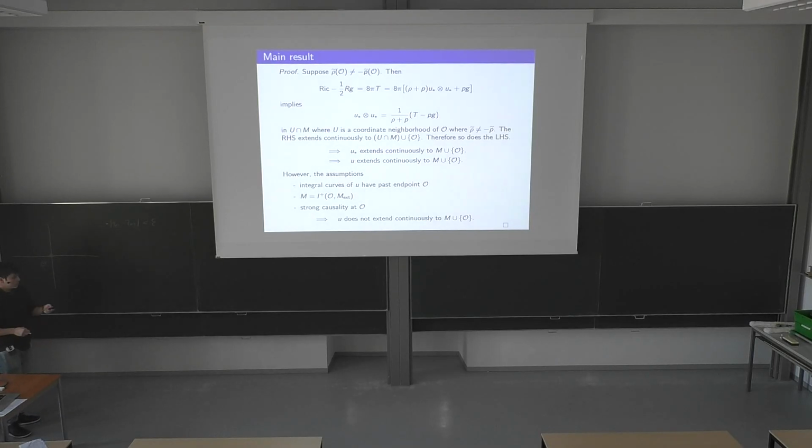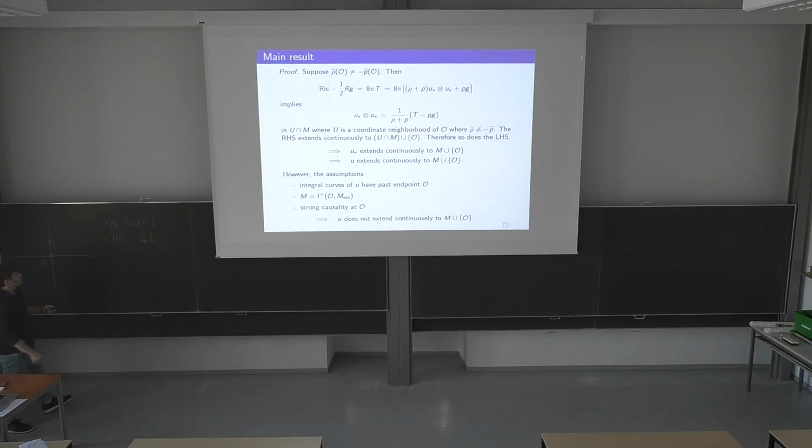And then moreover, u was a unit future-directed time-like vector, so it's going to extend to a unit future-directed time-like vector. Using Gram-Schmidt accordingly, you can assume that the extension of u at this point is equal to partial 0.